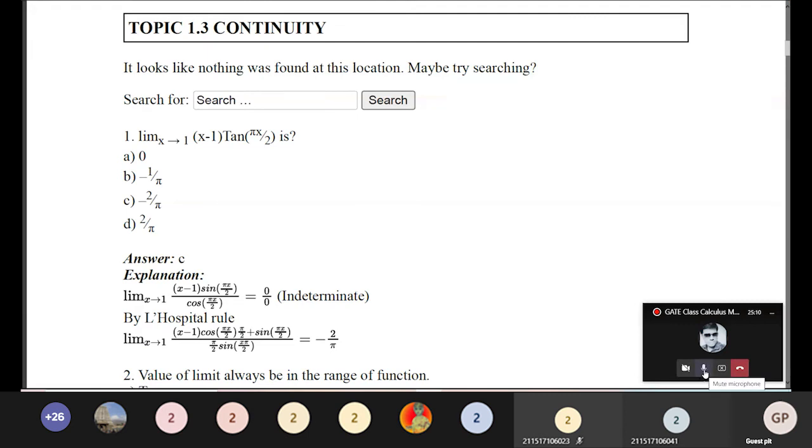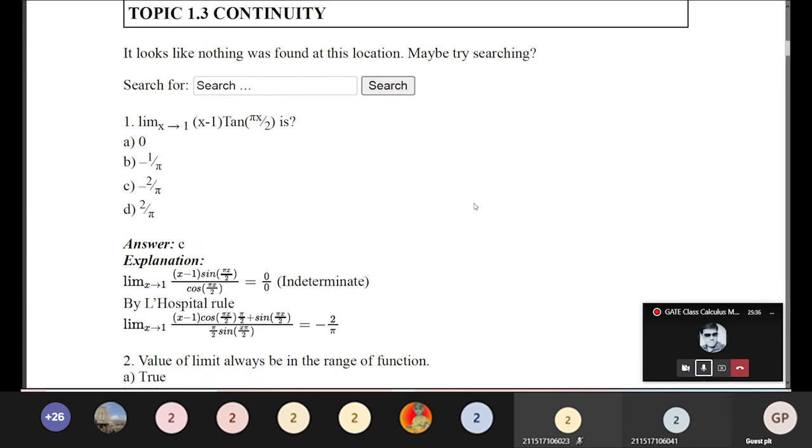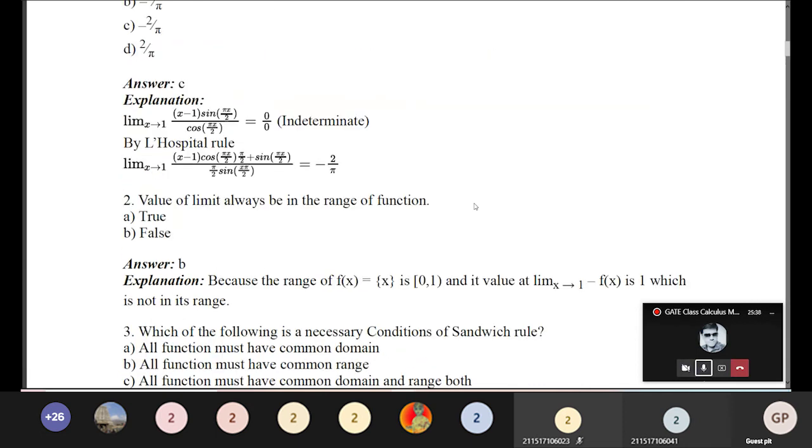Just a minute, student. The value of a limit will always be in the range of the function.